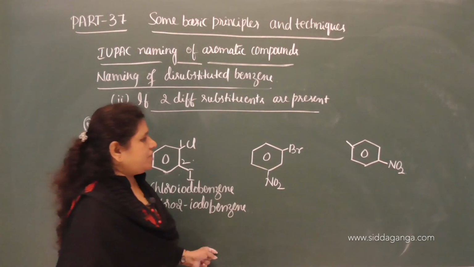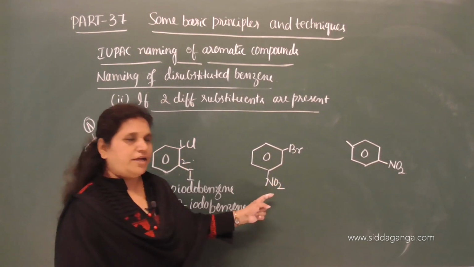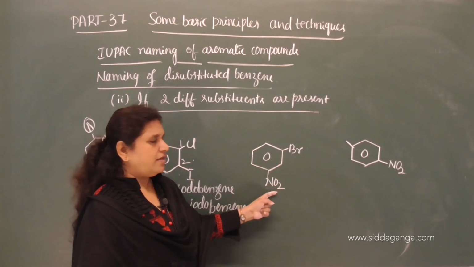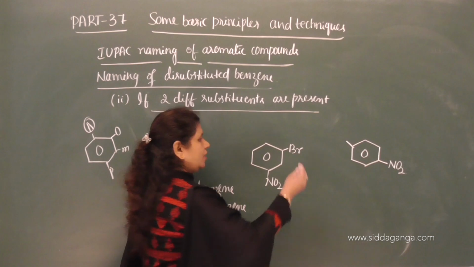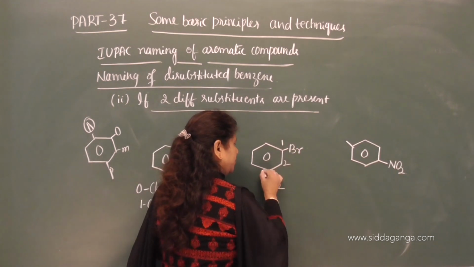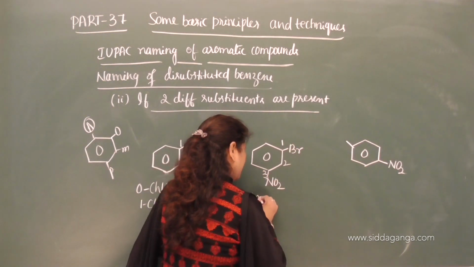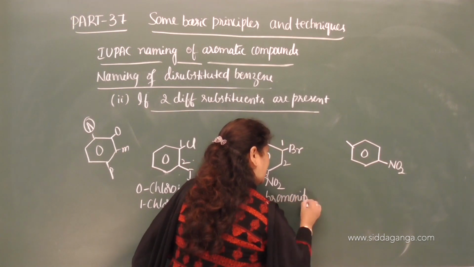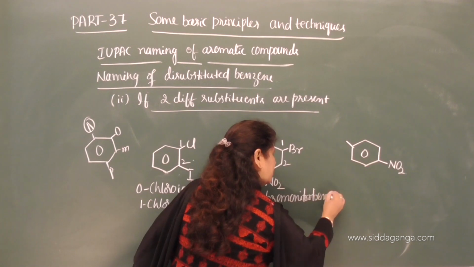Now, look at here, bromo is there, nitro is there, alphabetical order, bromo comes first and then the nitro. Now, you give the number from this end, 1, 2, 3. What is the common name? Meta bromo nitro benzene.